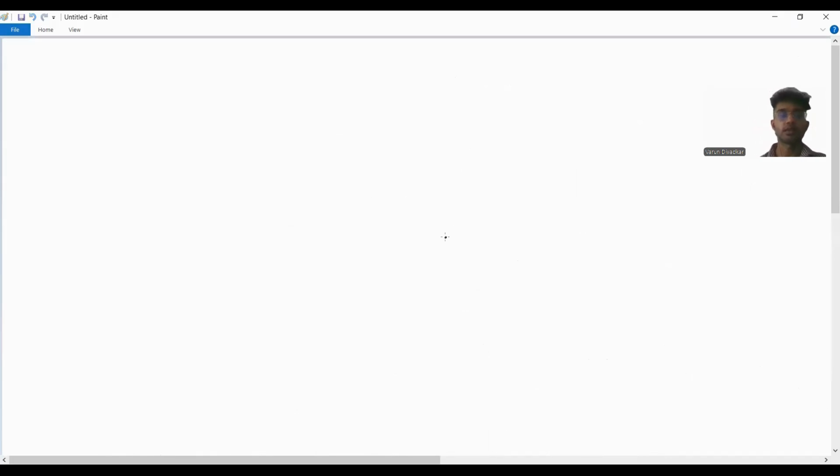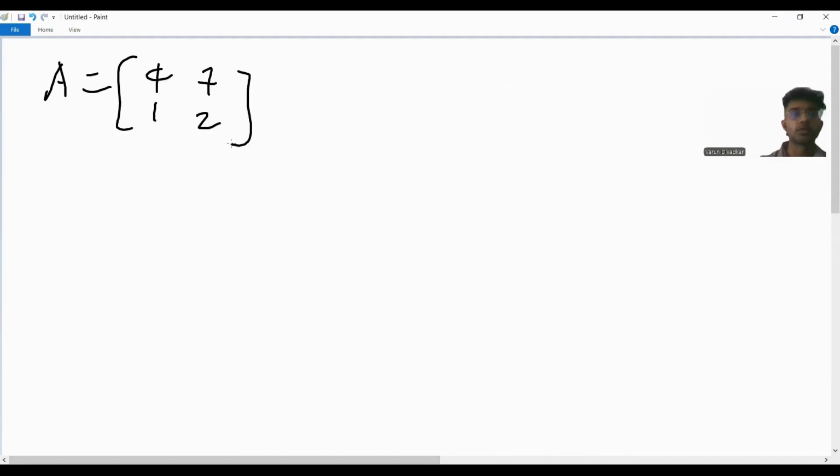Okay, clear? So let's say we have a matrix A equals 4, 7, 1, 2. You have to find A inverse. So the first step is to write it in the augmented form.